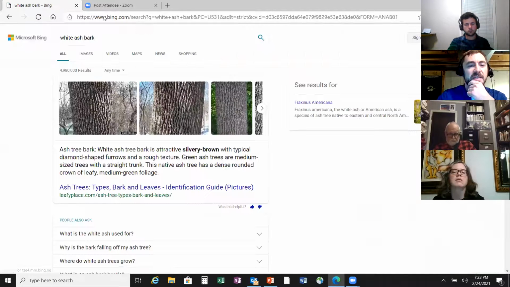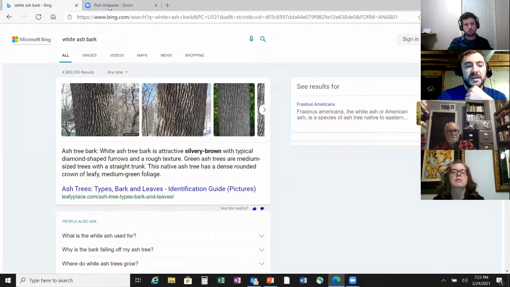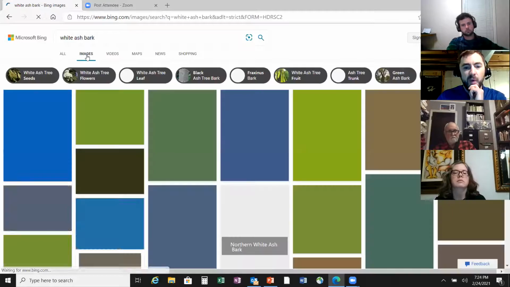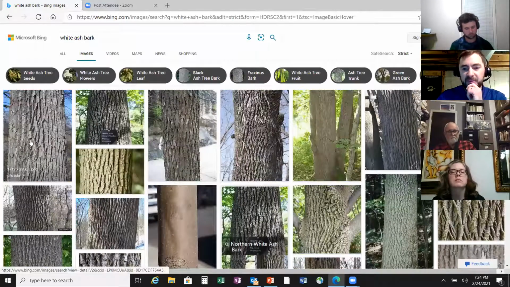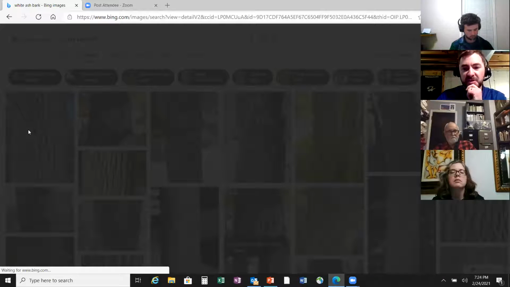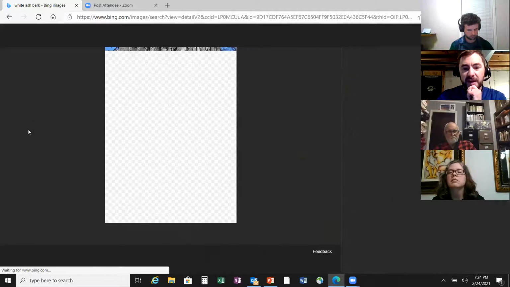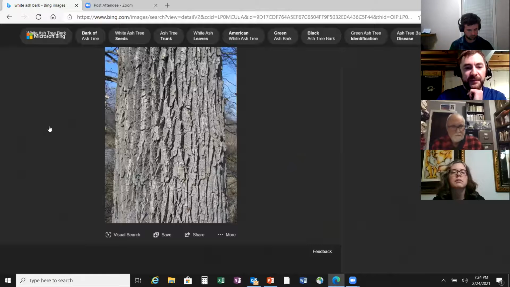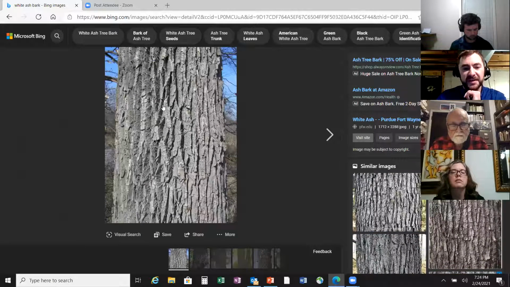I think the next one we'll go to is another to get us into some of that good winter tree ID stuff. If you look at the bark of this ash tree here, one of the things that I liken this to is diamond plate metal, like on a truck toolbox or something.